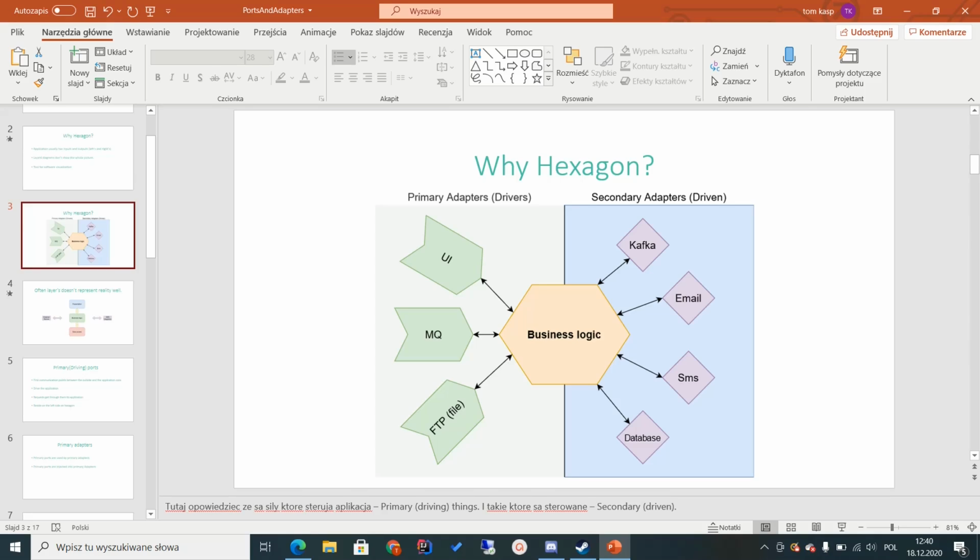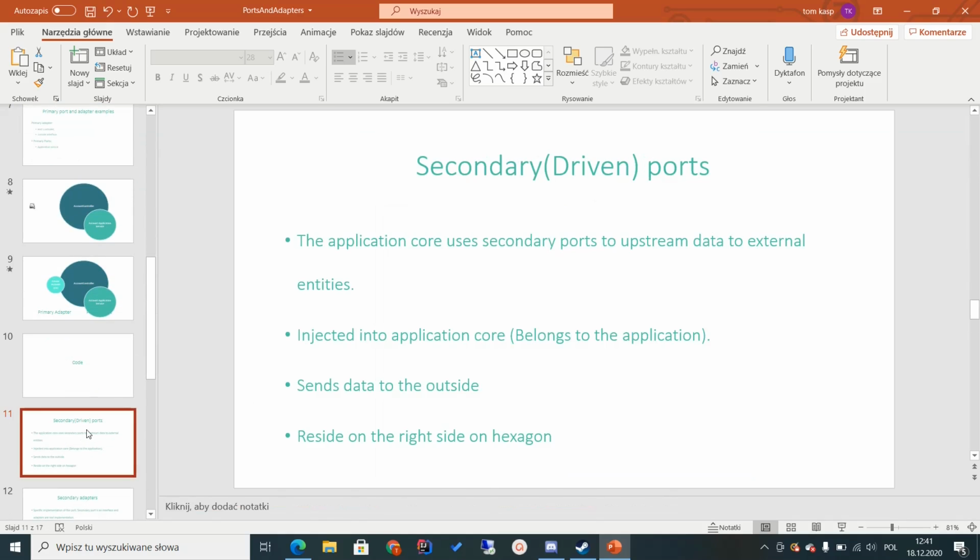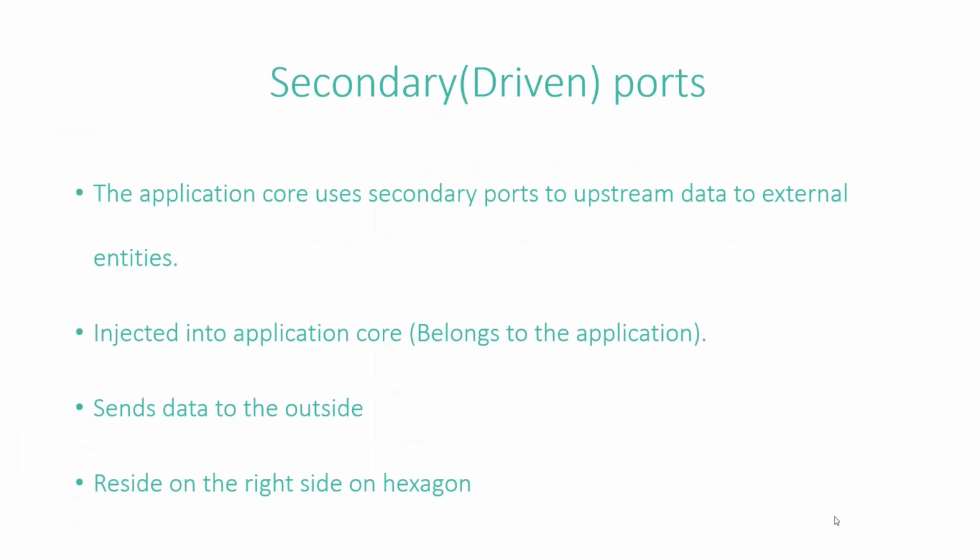We talked already about the left side of the hexagon, so primary ports and adapters, the drivers of our application. Now it's time to move into the right side of the hexagon, so secondary adapters and ports, which move the data and flow outside of our application. So let's start with some basic explanations. Secondary ports are driven by our application.